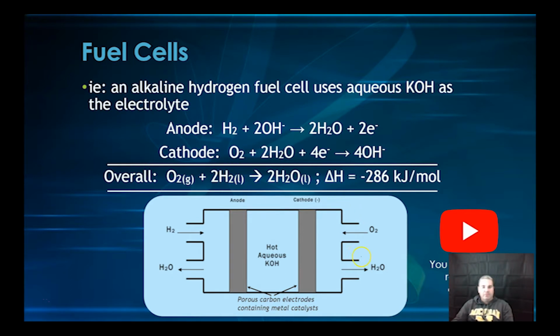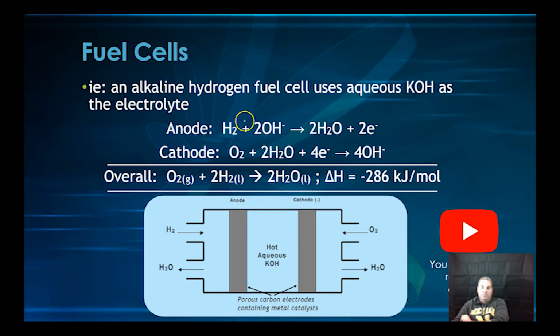This is a slightly different version, an alkaline hydrogen fuel cell. In this case, instead of having H+ being formed, we're using an aqueous alkaline solution. Here in the middle, we've got potassium hydroxide, which is a base. You notice the anode reaction is slightly different.